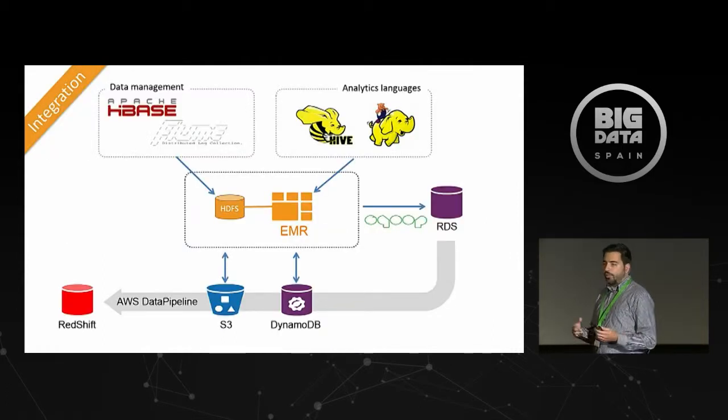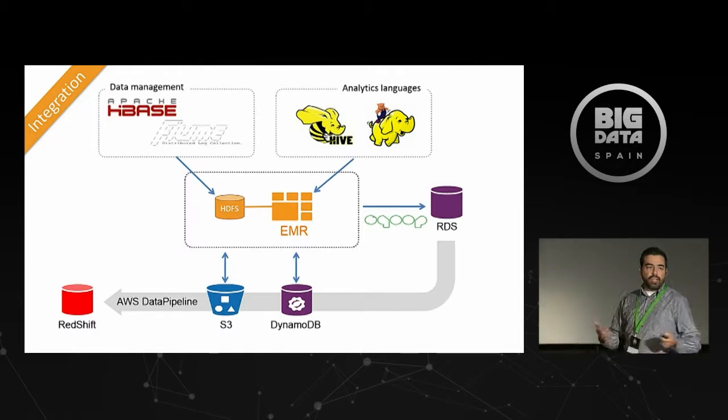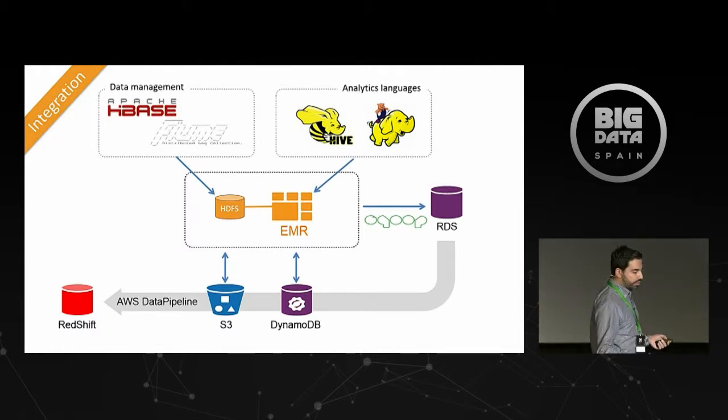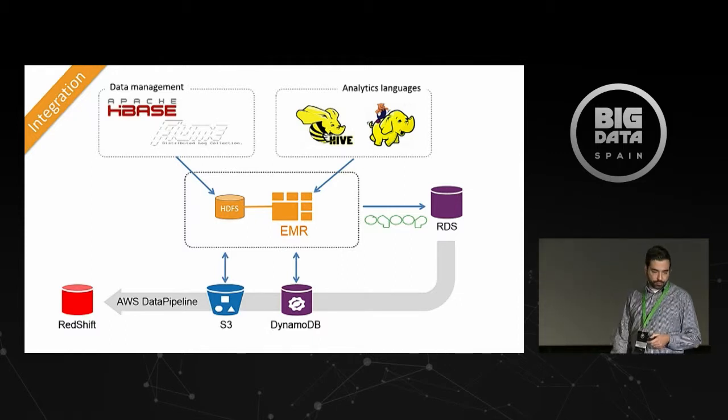And some of our customers can be confused, and you might have the question here, should I use Elastic MapReduce? Should I use Redshift? What kind of database should I use? And there's no clear answer to that. The answer is you can combine those to build sophisticated workflows for your data. We have customers that store their raw data on S3, and then they use MapReduce to deduplicate or to transform this data.